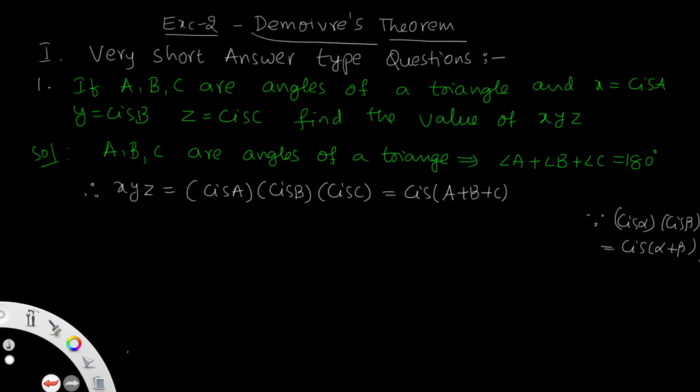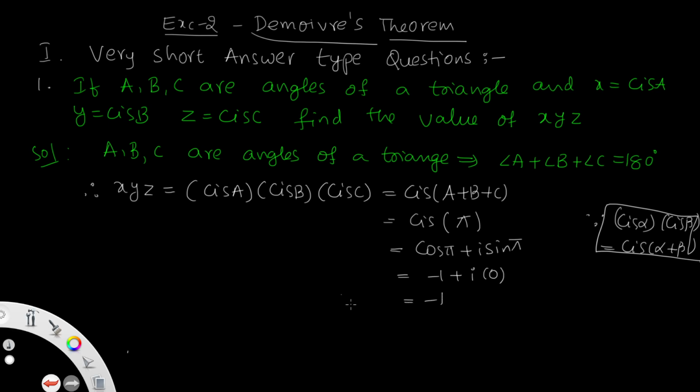So here it is cis of A plus B plus C. But in the question we already have that the sum of the angles of a triangle is 180 degrees, nothing but pi radians. Now expand: cos pi plus i sin pi. Cos pi is nothing but -1, sin pi is nothing but 0. Therefore, the value of xyz is nothing but -1.